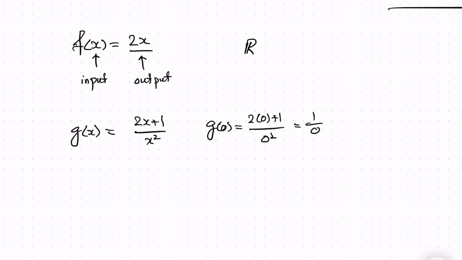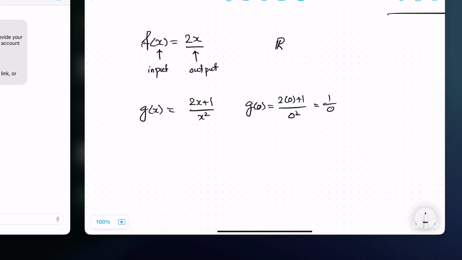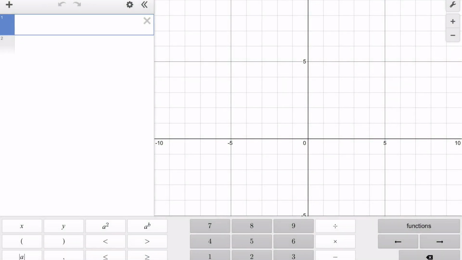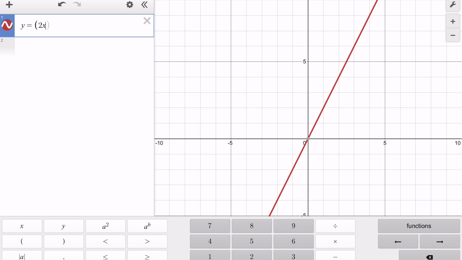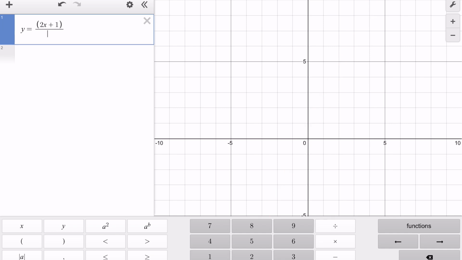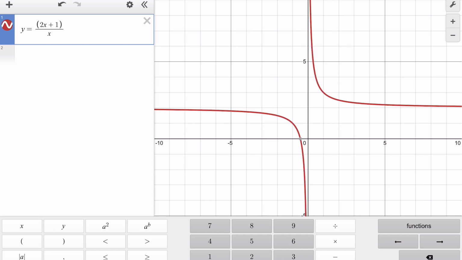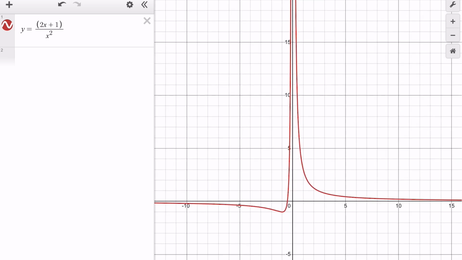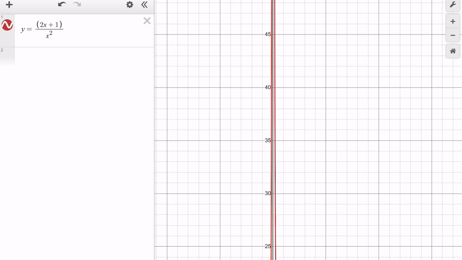If you want to see the graph of this function, this is y equal to 2x plus 1 divided by x squared. You see what happened at 0? It's broken into 2 pieces. And you keep on going up.